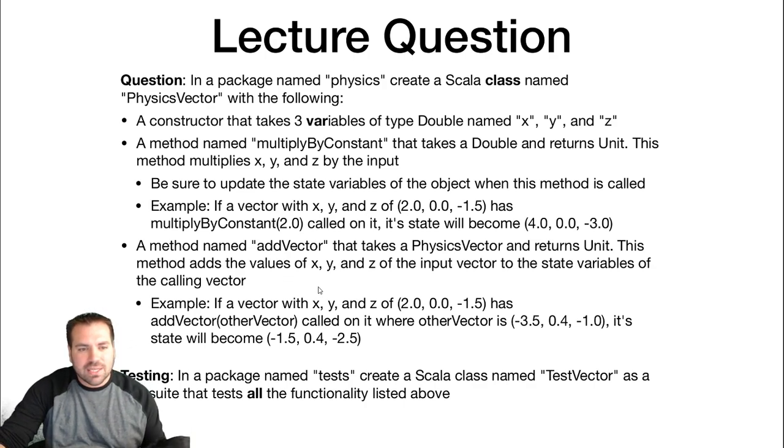So we can always use this.x, y, z to access the x, y, z of the physics vector on which this method was called. So if I have vector.addVector, I have access to that vector that called it, and also access to the vector that it was called with as an argument.